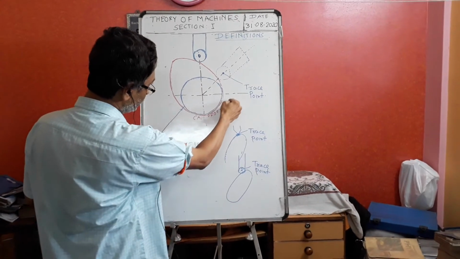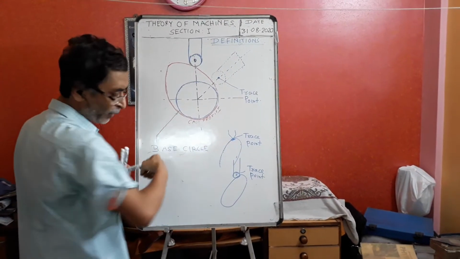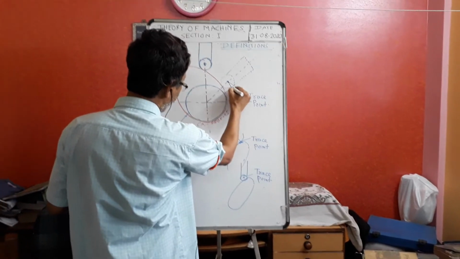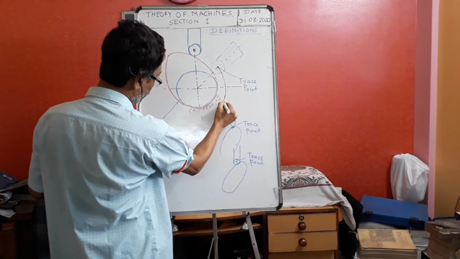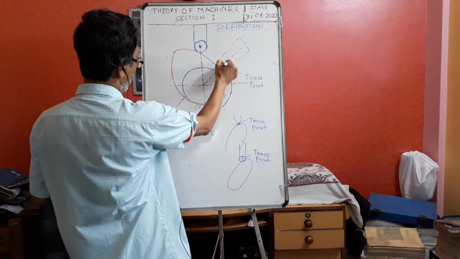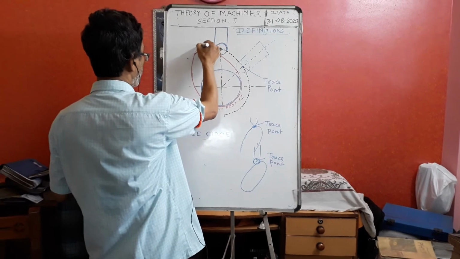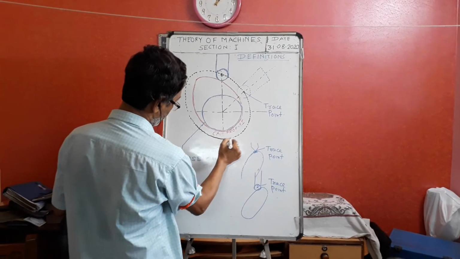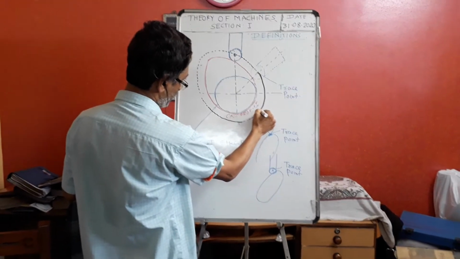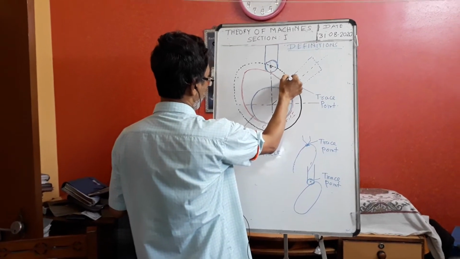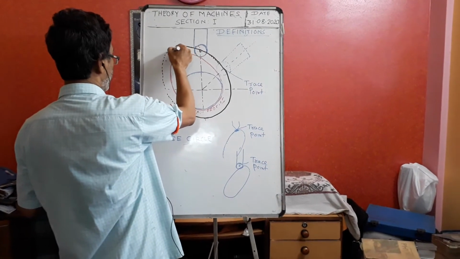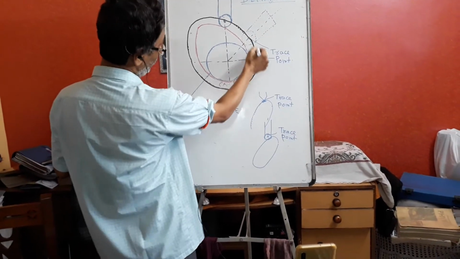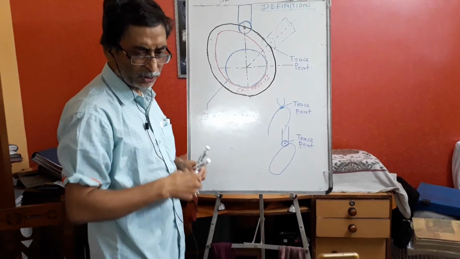The trace point will move everywhere when this follower moves, so it will draw one curve parallel to the cam profile. This is the locus of the trace point.